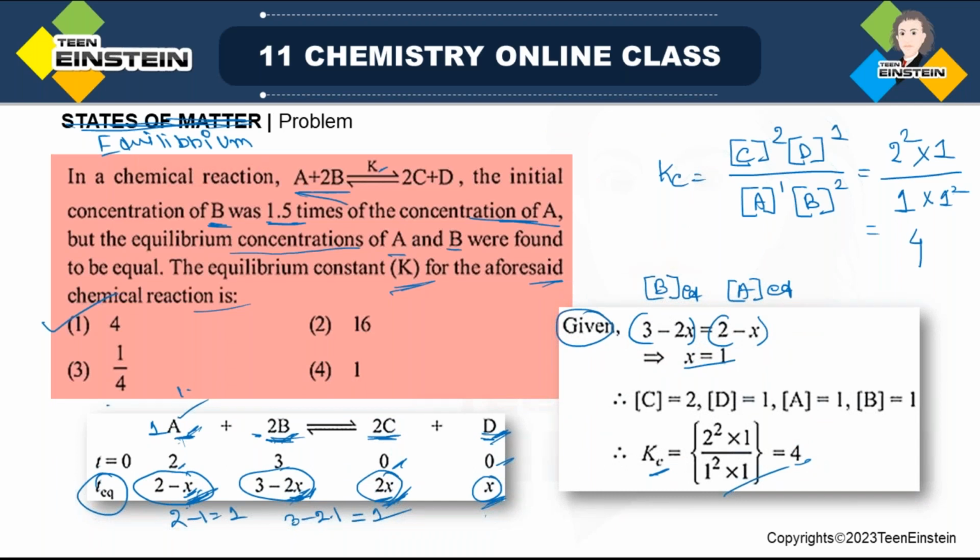So while solving problems like this, where you have to find Kc, mostly you have to write this equation. At t equal to 0, you have to assume some values. Then at equilibrium, you have to again write the concentration. Same thing you have to do for the solution of this type of problem.